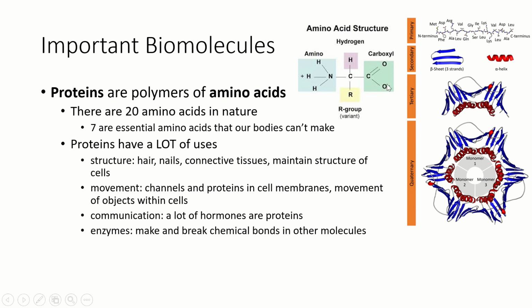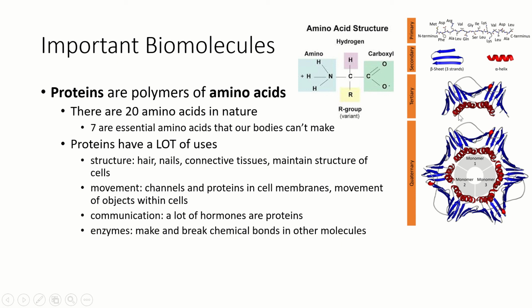Proteins start out with, this is the structure of an amino acid, and the primary structure of a protein is that it makes a polymer, a chain of amino acids. Then that chain folds, either folds like this or curlicues, helices like this, and then those fold again to create a more complex three-dimensional structure.